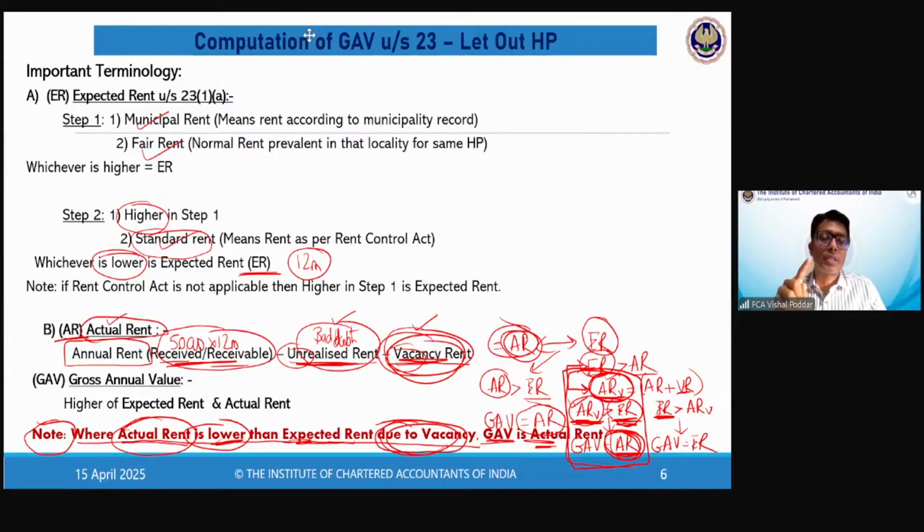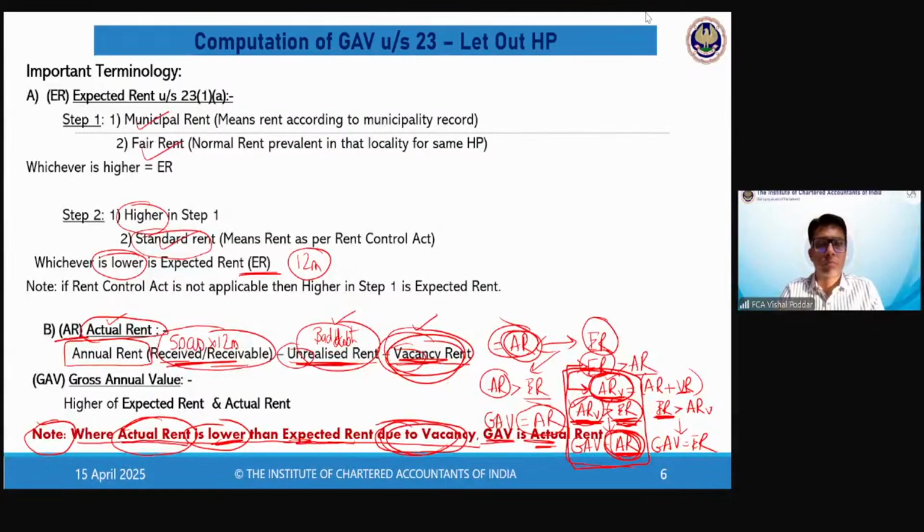So what the law says in its language is that only when AR was lower because of vacancy, we will still take AR as the GAV. That we have done in the second case. The third case, the last case, is where AR is lower because of some other reason besides vacancy. Now the law says we have no choice, we'll take ER as the GAV. Fine. Yes, Priyanshi, correct.